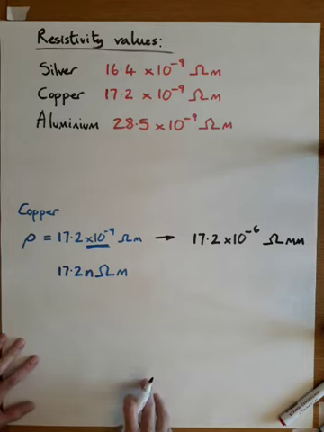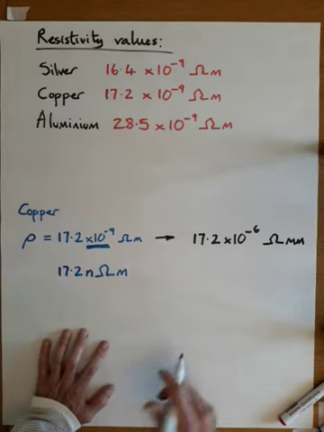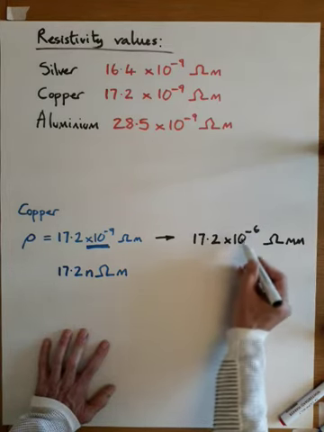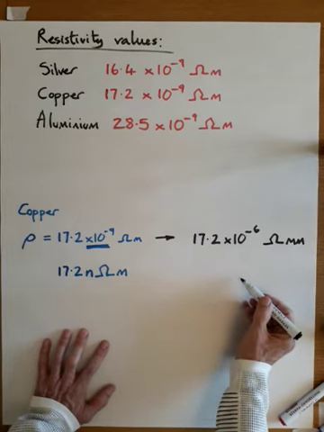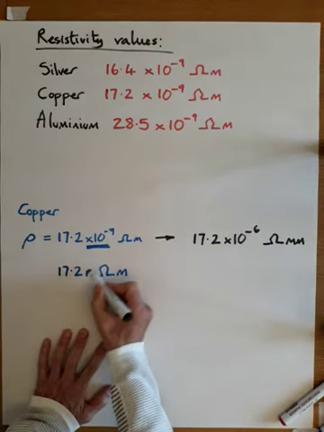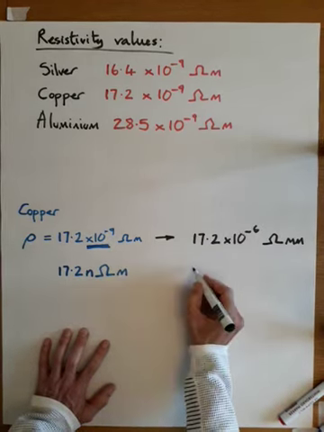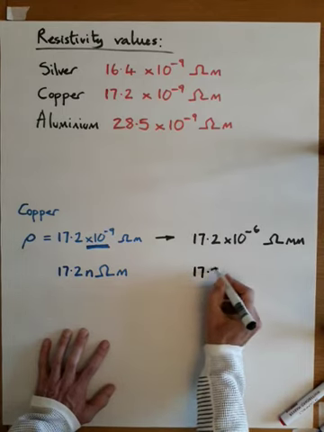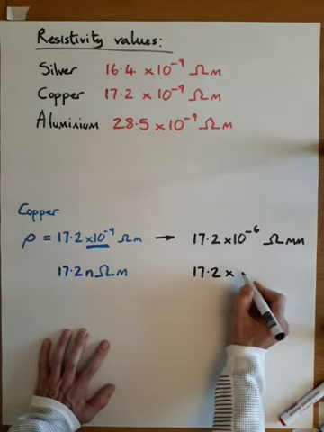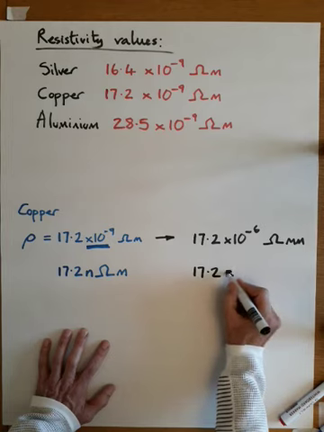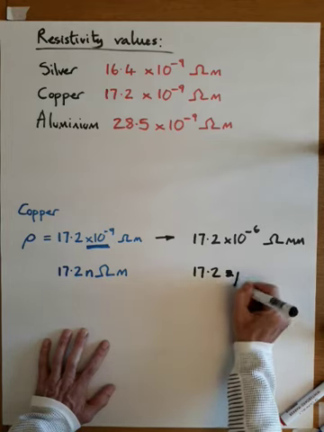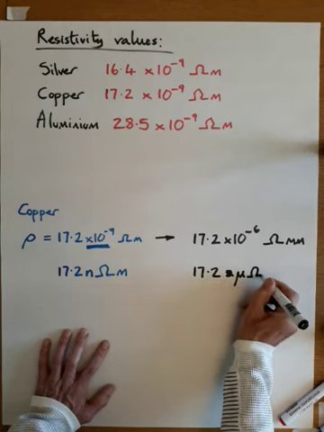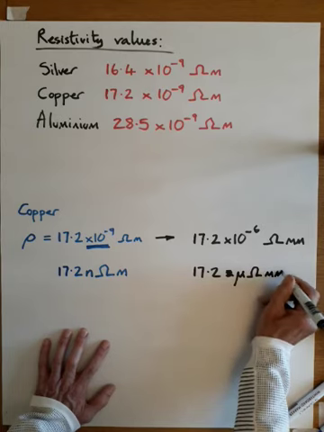Hopefully that made sense. And likewise, if we're using 10 to the minus 6 here, we can allocate an appropriate letter. 10 to the minus 9 is nano. So this would be, apologies, not times, 17.2 micro ohm millimeters.